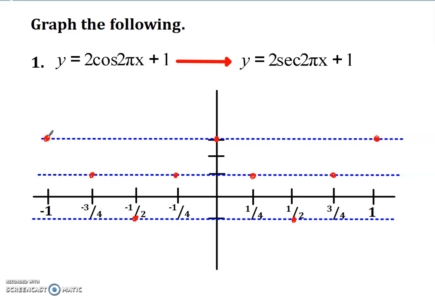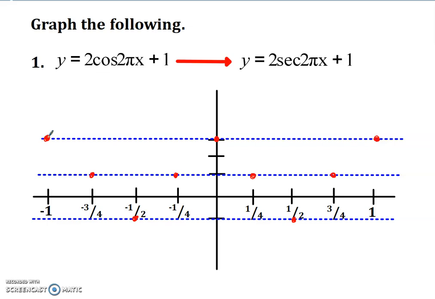If this was a cosine graph, we would just connect those points and make our wave. When we evaluate secant and cosecant, there are parts where they are undefined, when we get the 0 in the denominator. So when is this function undefined?